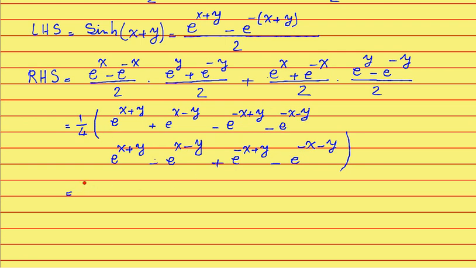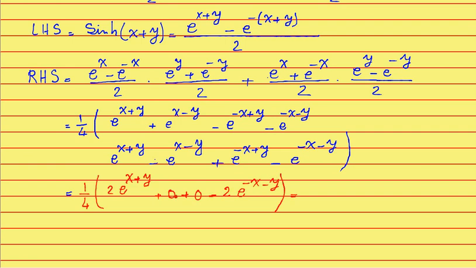So what I get is 1/4 of this and that became 2 exponential of x plus y. This term and this term, they just collapse to 0. This 2 also collapse to 0. These two double up became minus 2 exponential of minus x minus y.